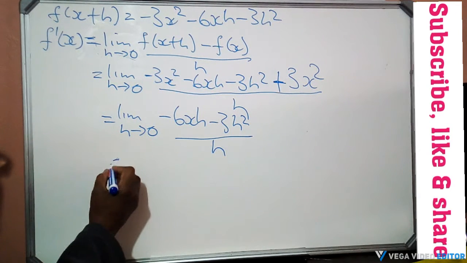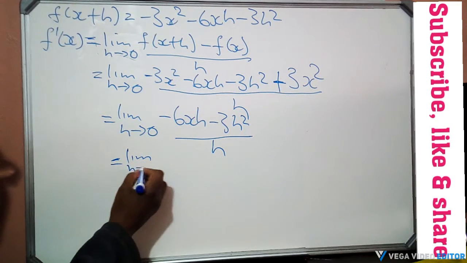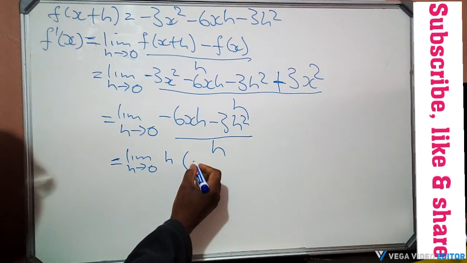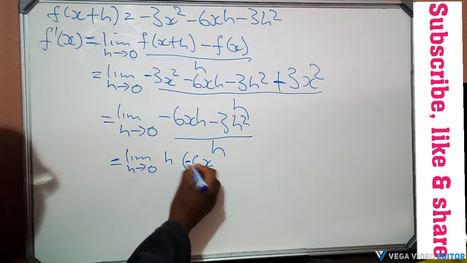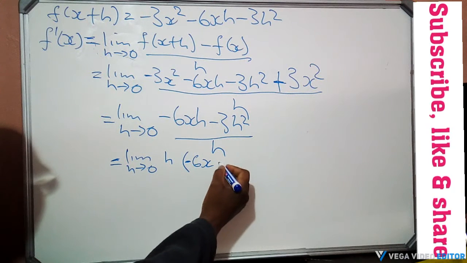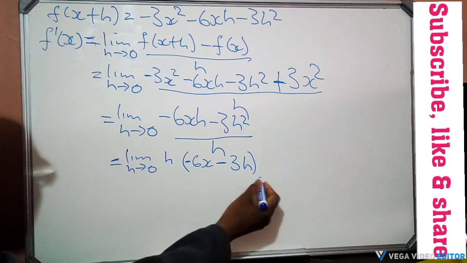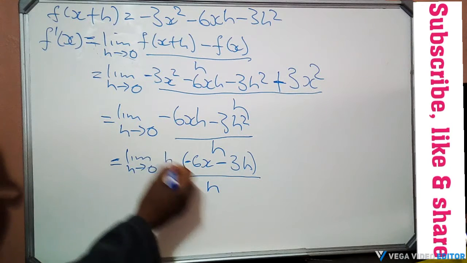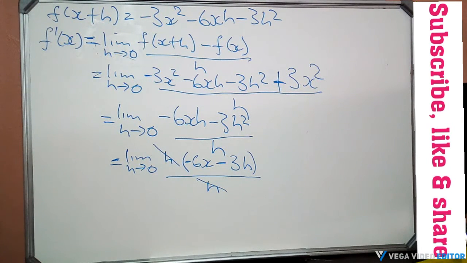So therefore we've got the limit with h approaching 0, and we've got h open bracket negative 6x and negative 3h, divided by h. All right, so that h and that h will cancel each other.